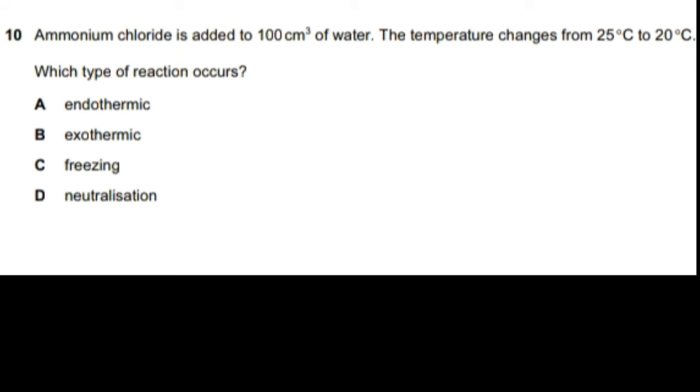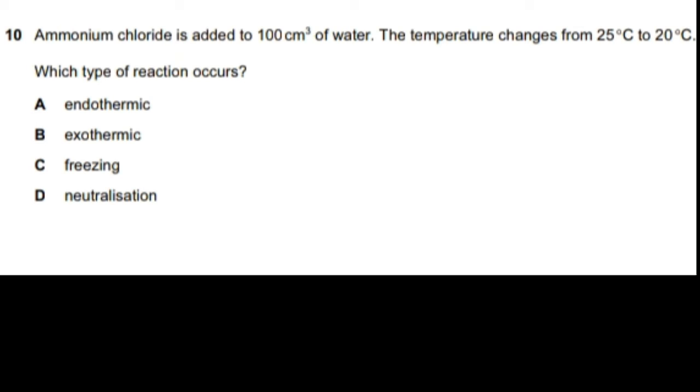Question 10. When you dissolve ammonium chloride in 100 cm3 of water, the temperature changes from 25 degrees Celsius to 20 degrees Celsius. So what type of change takes place when the temperature drops from 25 to 20 degrees Celsius?